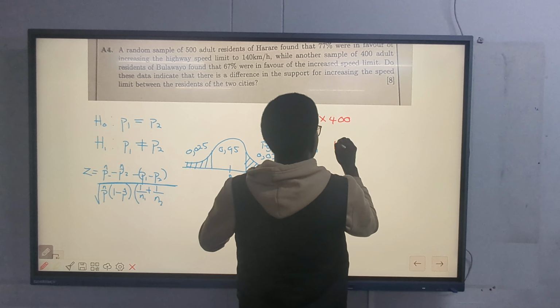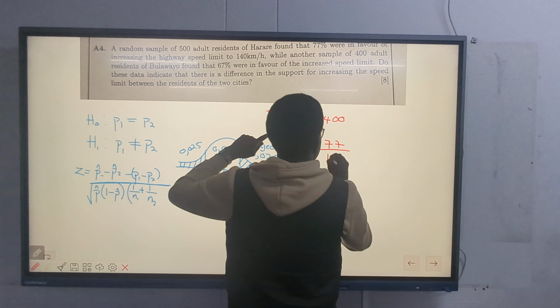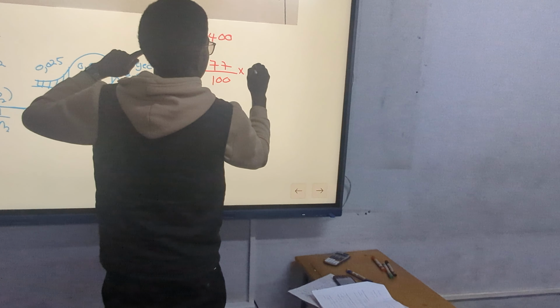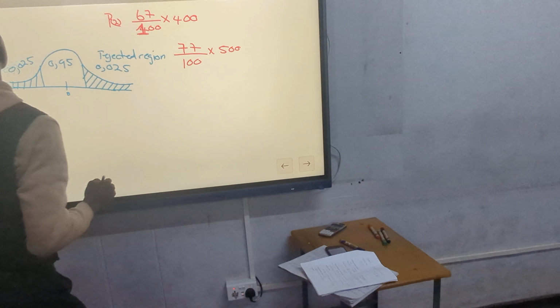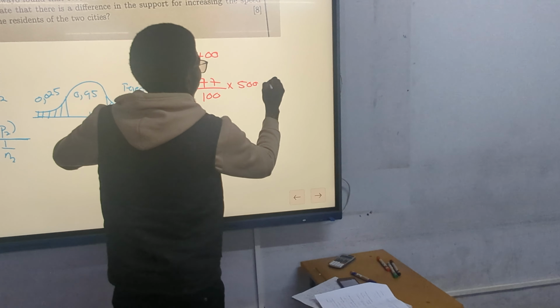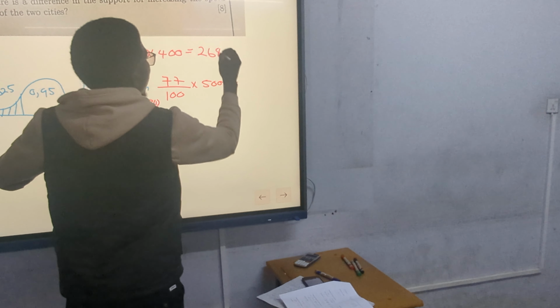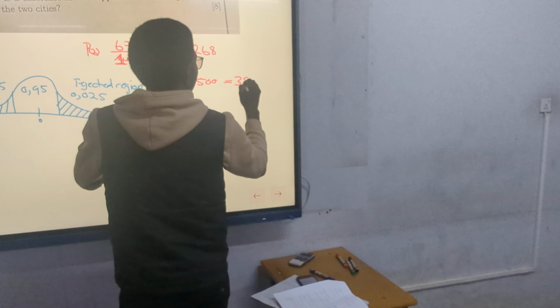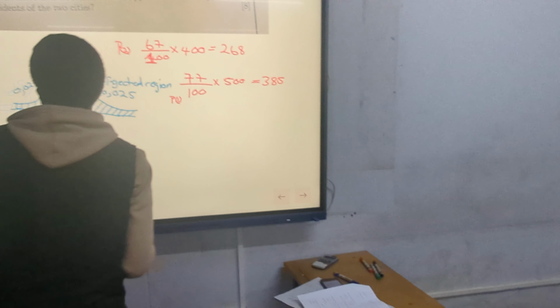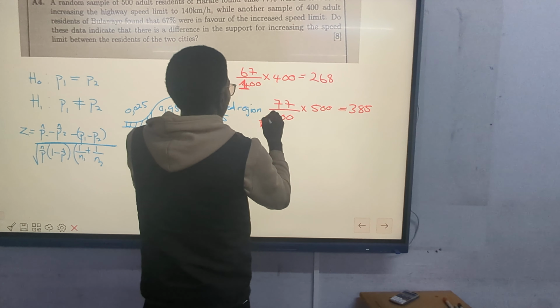Then 77 over 100 times 500 to get our P1, which is equal to 268 and 385. Are we together? So we have our P hat 1 and P hat 2.